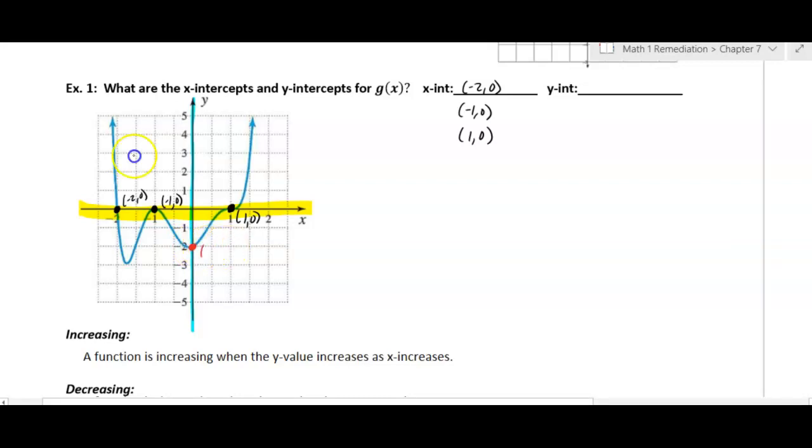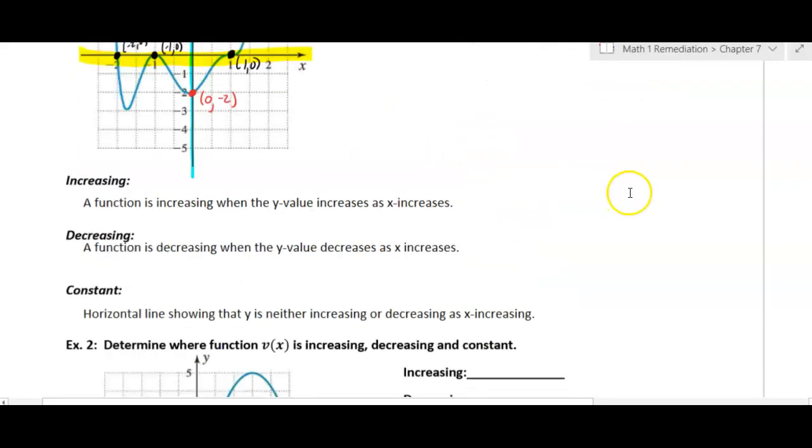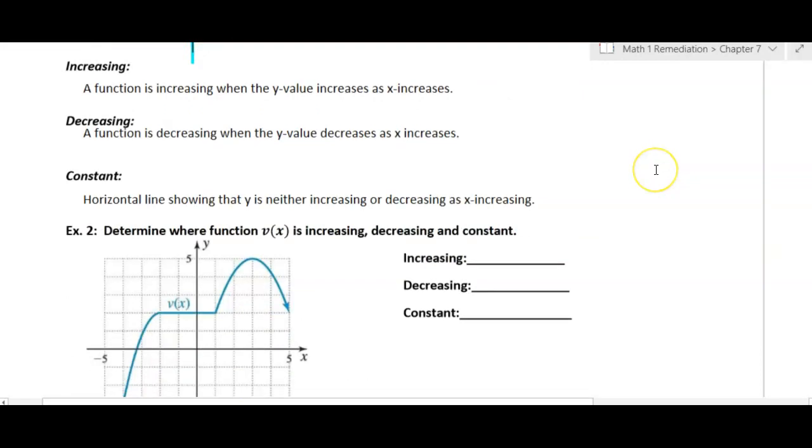And if I identify that ordered pair, it'd be x is 0, negative 2. So the y-intercept here is 0, negative 2. Okay? So you guys have to understand, just plot a dot at the intersection of the graph and the x-axis, identify the ordered pairs. Same with the y-intercept.